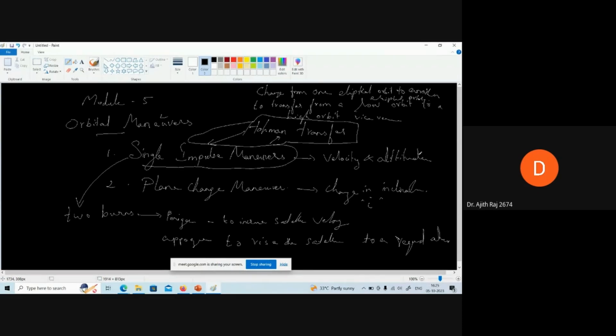So next is plane change maneuvers. As I told you, plane change maneuvers. Here you are changing the inclination angle of the satellite.